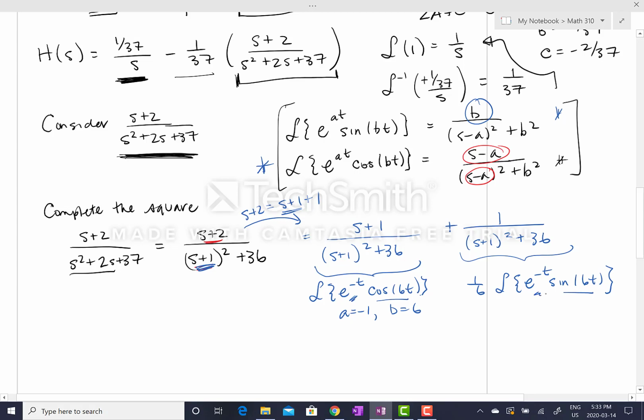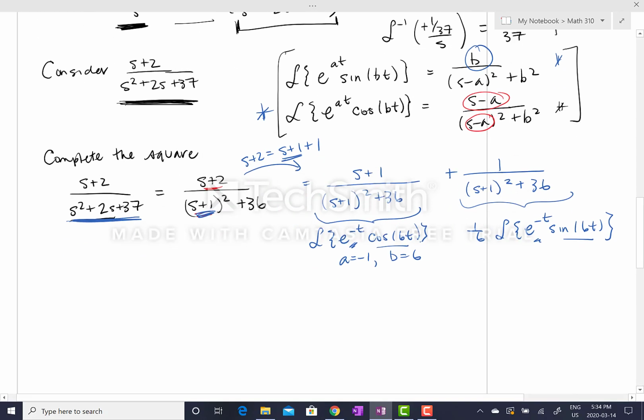When we were solving the second order differential equations that were homogeneous with constant coefficients, in the case of complex roots, and now we're sitting here with an irreducible quadratic, we would often identify lambda as the real part of the root and mu as the imaginary part, and then we would see both the exponential and the sine and cosine function coming. So you can use what you already know to guide yourself in how to solve these things.